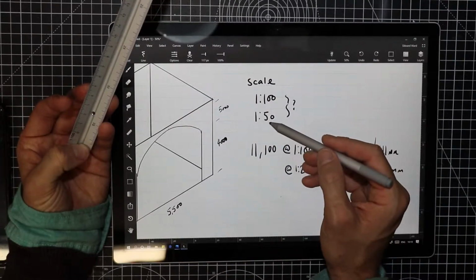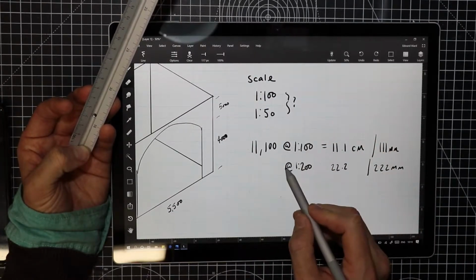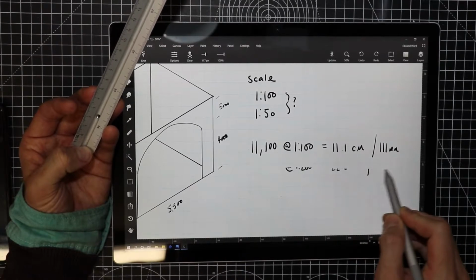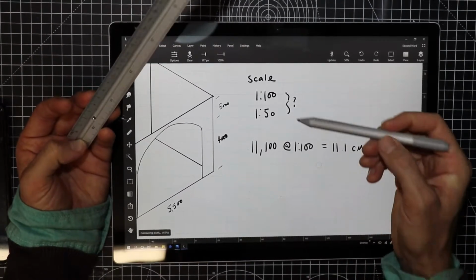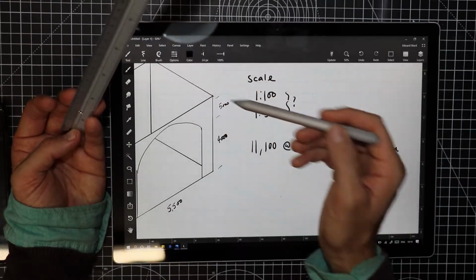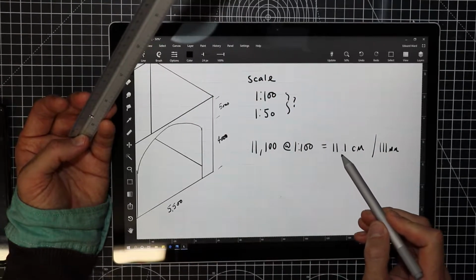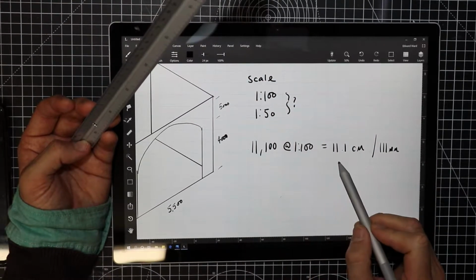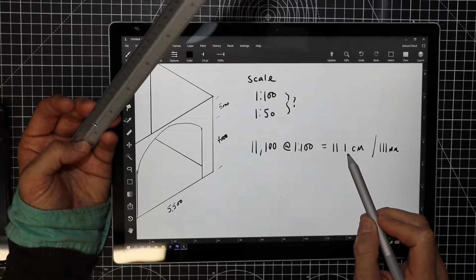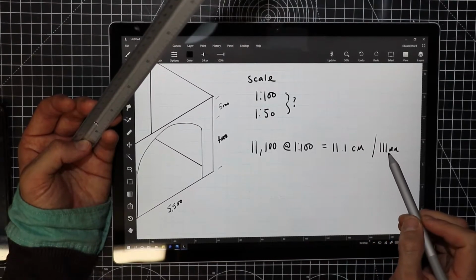Now at 1 to 100 and 1 to 150. Now the way that the scale works is, let's see, so we've got 1 to 100, which we've just determined is 11 centimetres, 0.1, or 111 millimetres.